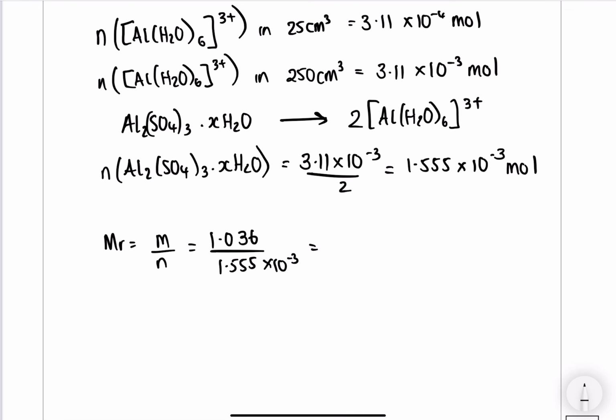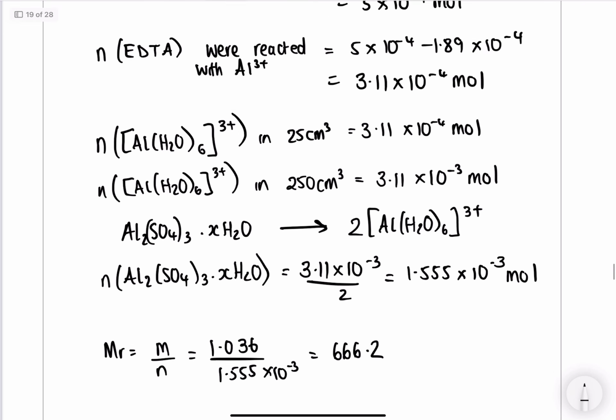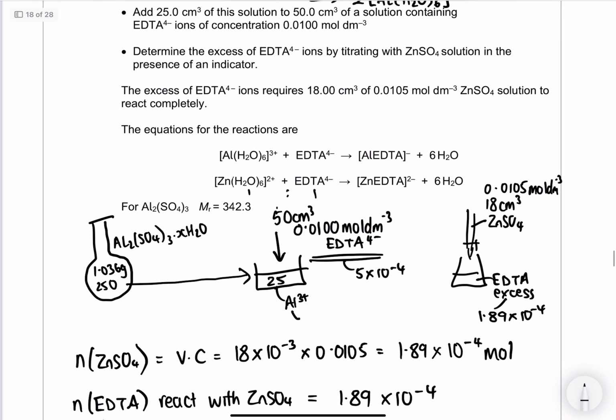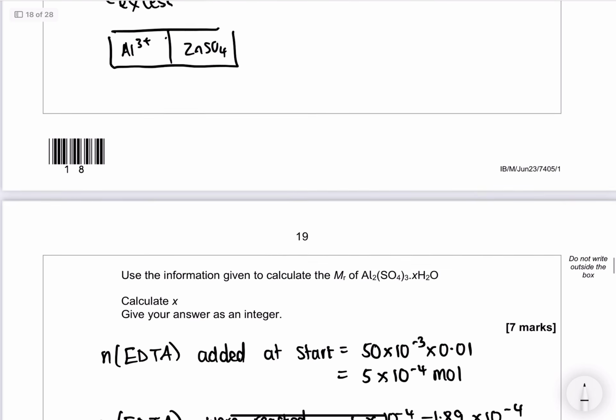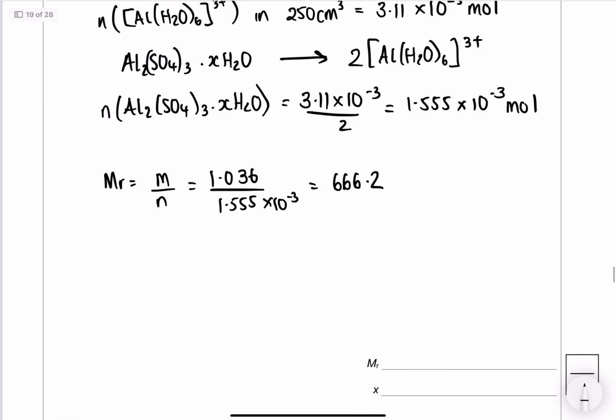So 1.036 divided by answer, and that comes out to be 666.2. Now, way back up here, they told us the MR was 342.3 for the aluminium sulfate part of the hydrated formula.